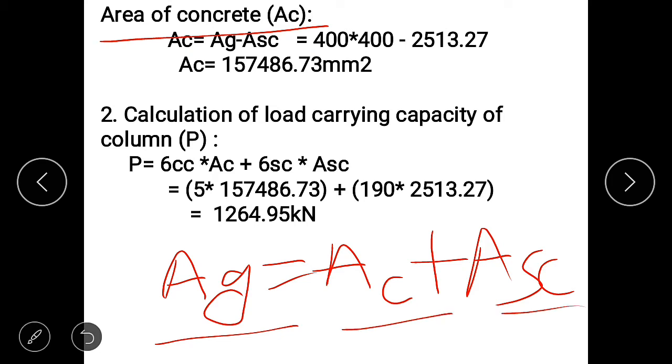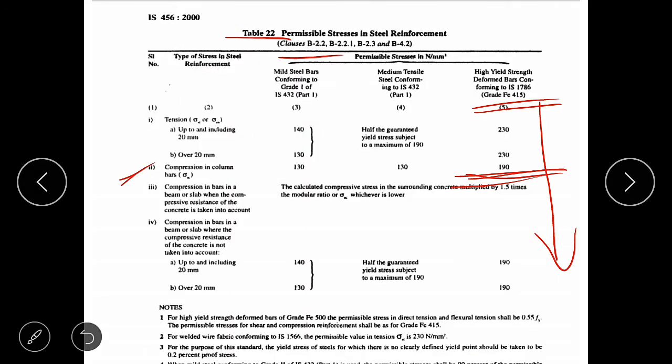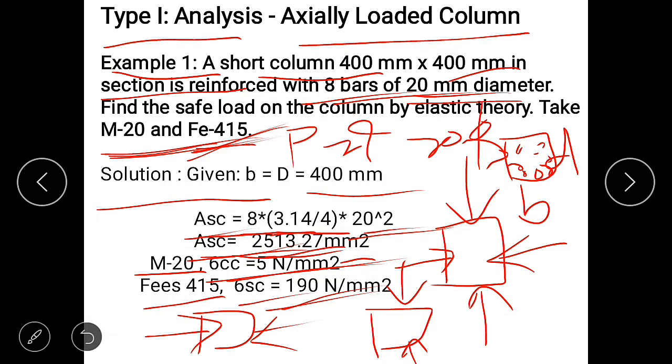Now we have to find AC, so AC is equal to AG minus ASC. The gross sectional area is 400 mm by 400 mm, as given in the problem example: 400 mm by 400 mm in section is reinforced with 8 bars.